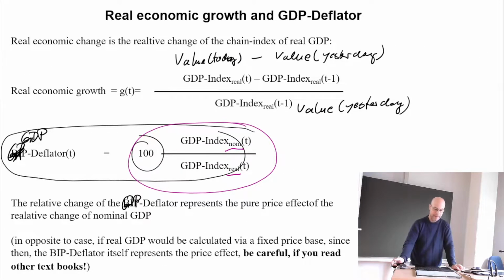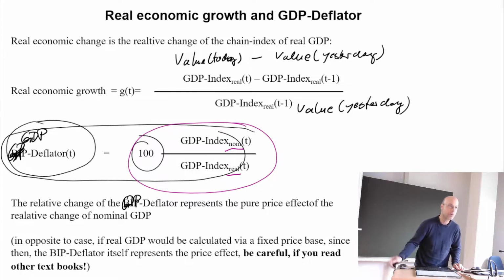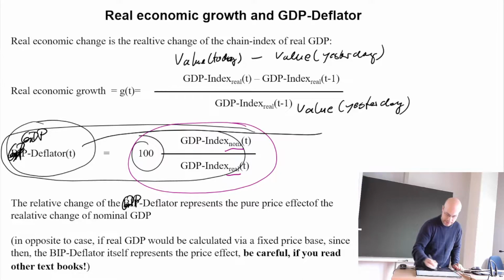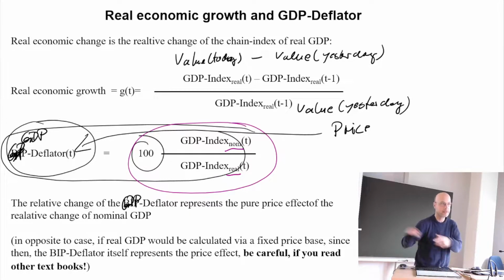And in this case, we also could calculate the so-called GDP deflator. And this GDP deflator then represents the price development in the total economy. So this is again a price index, and in a minute we will compare this with the usual inflation rate, which is quite important.